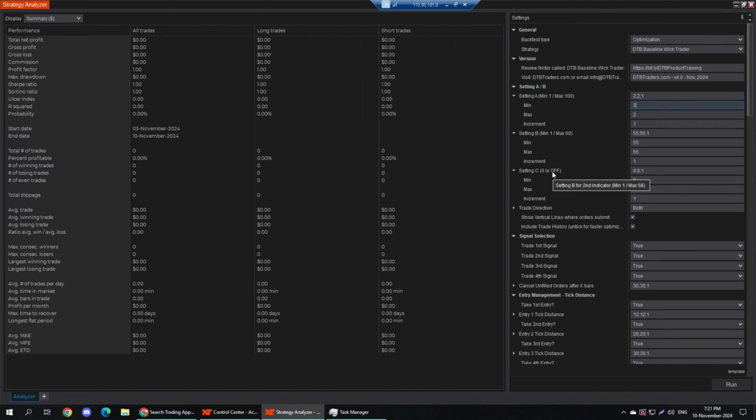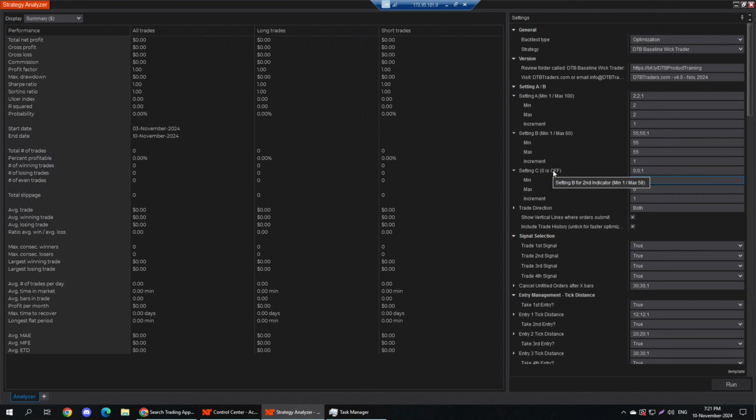So what we've effectively done over here is we've combined two of the same indicators into the one automated strategy. You'll see that setting A and setting B are for the one indicator, but setting C is for the second indicator, and that only accommodates between 1 and 60, or 1 and 58.